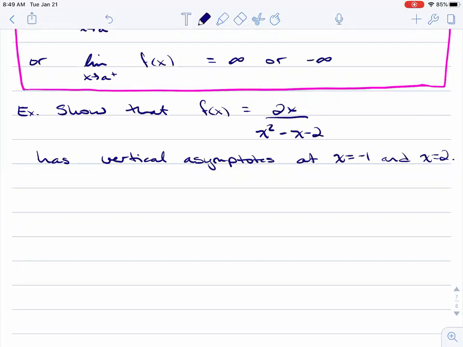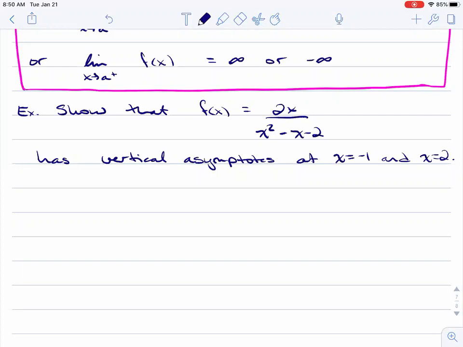And so we can start there and then start thinking about, well, what happens as x approaches these values, right? So not as x approaches 0 anymore, but as x approaches -1 and +2.